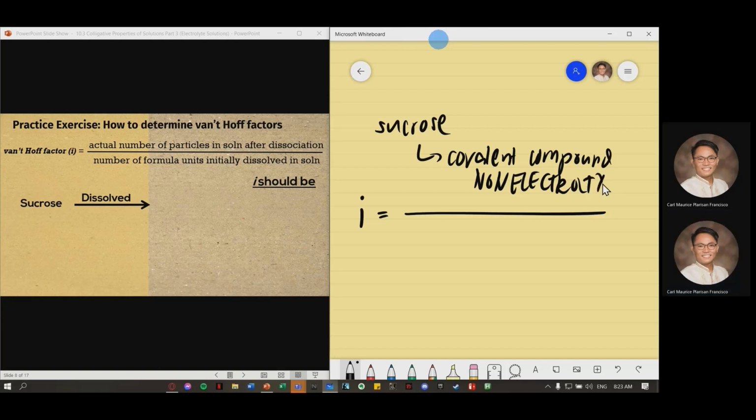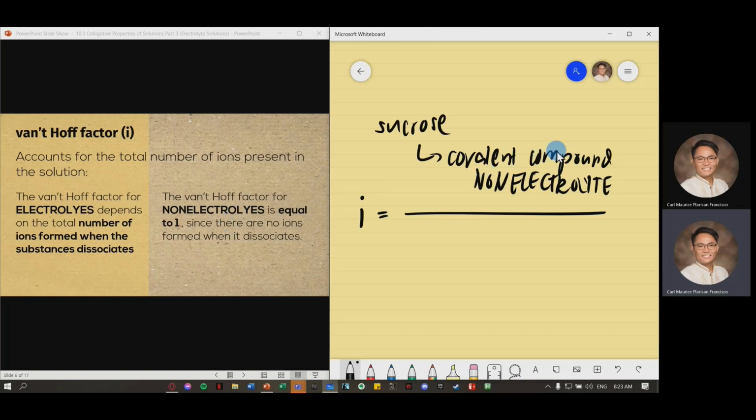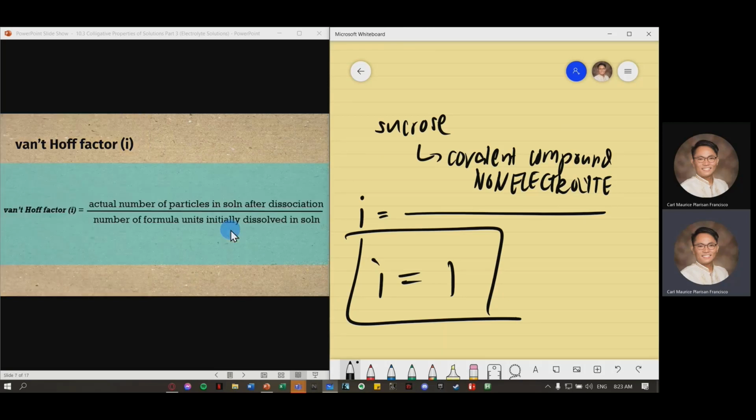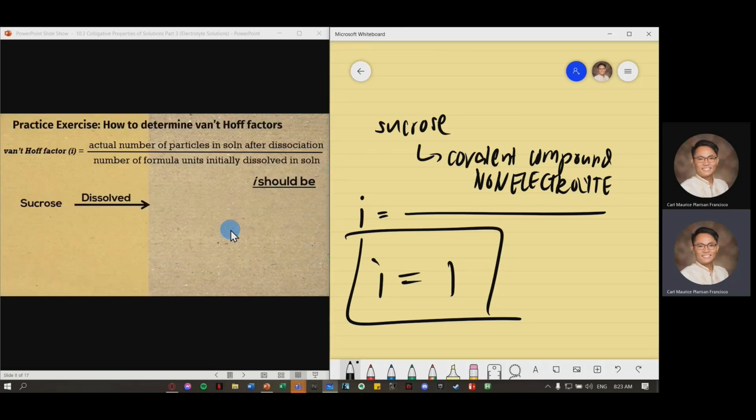Ulitin ko po. Non-electrolyte. Ang sucrose, isang uri ng covalent compound. At base sa definition, kapag covalent compound, non-electrolyte din. Ano ang Van't Hoff factor kapag non-electrolyte? Automatic number 1. Kasi ang mga covalent compound or non-electrolyte kapag sila po ay dinisolve, equal pa rin po sa 1 ang Van't Hoff factor.